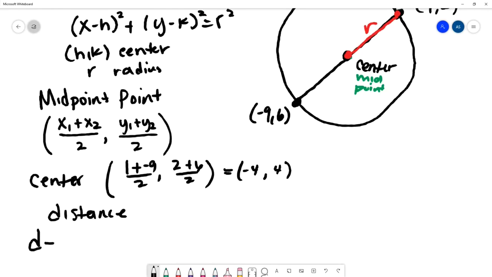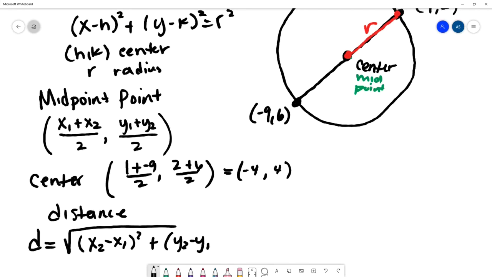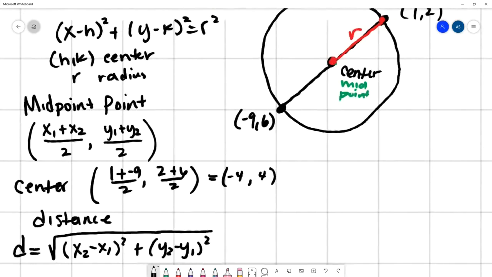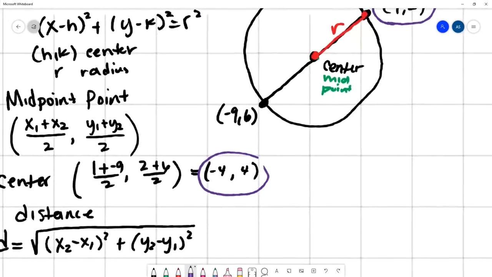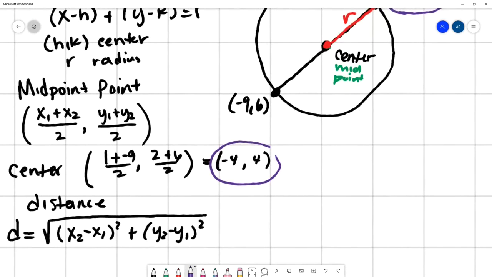The distance formula is the square root of (x2 - x1)^2 + (y2 - y1)^2. And I'm going to use the center that we just found and one of the points on the circle. It doesn't matter which point. One of those endpoints.